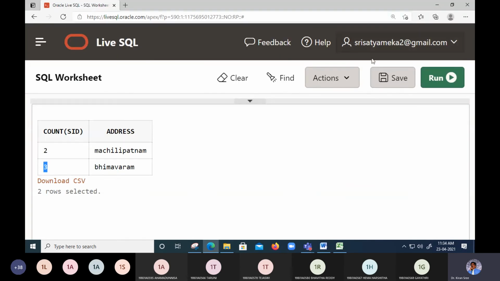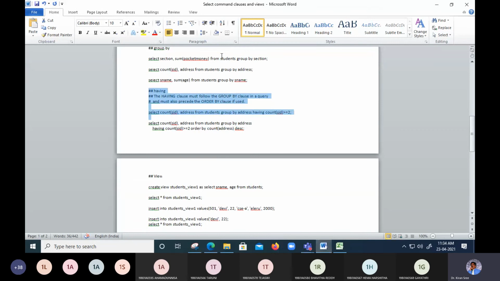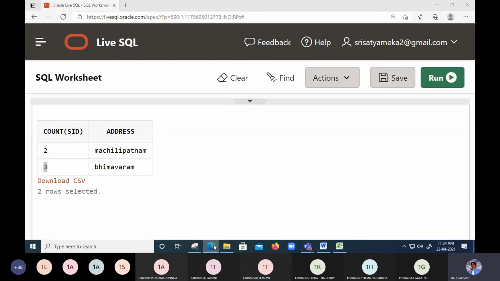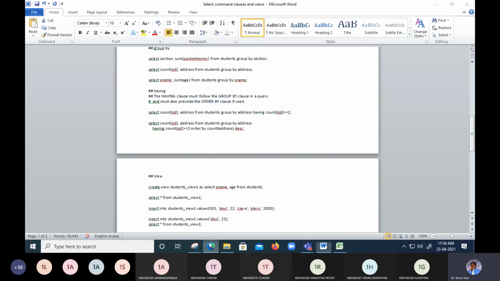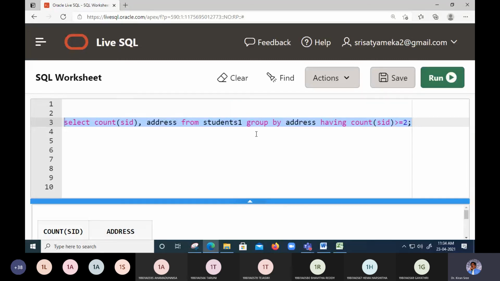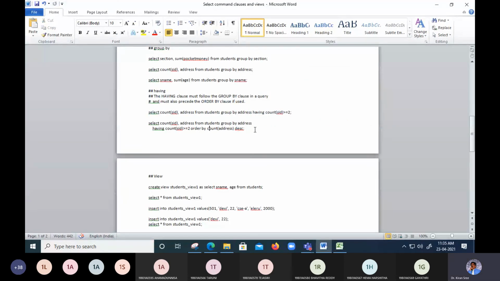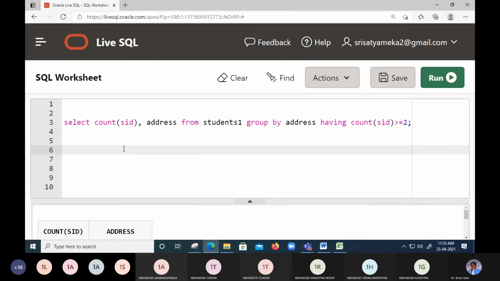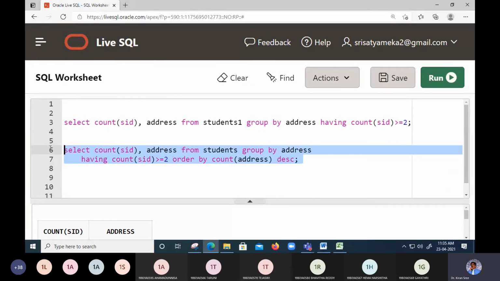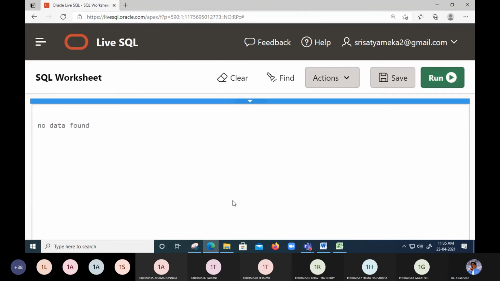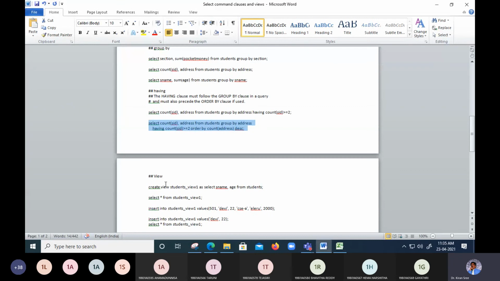Now let us execute this query here. We take this query and we are executing. No data found, of course, because the condition we are taking is not satisfied.